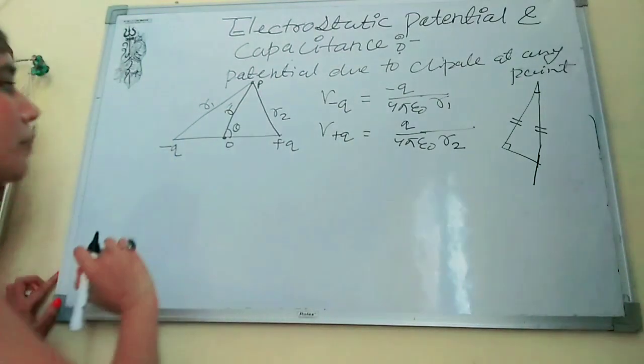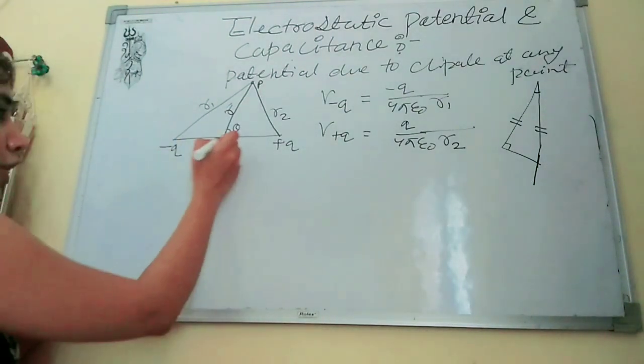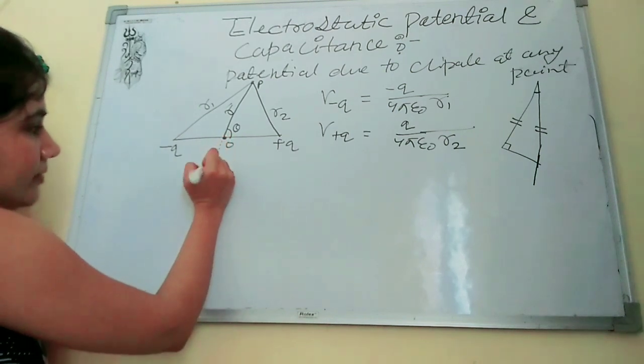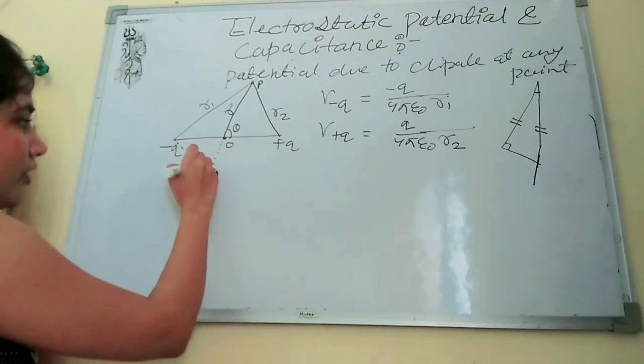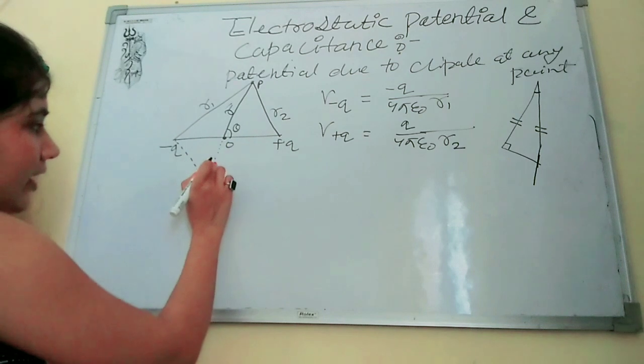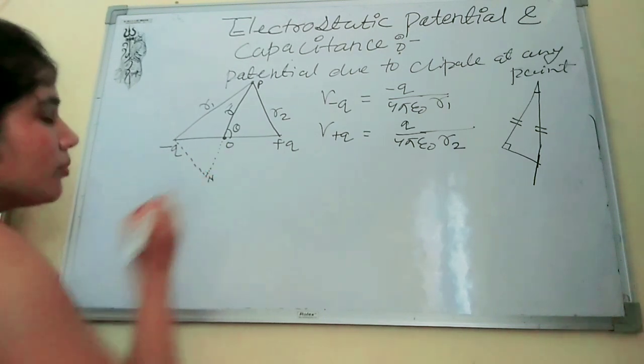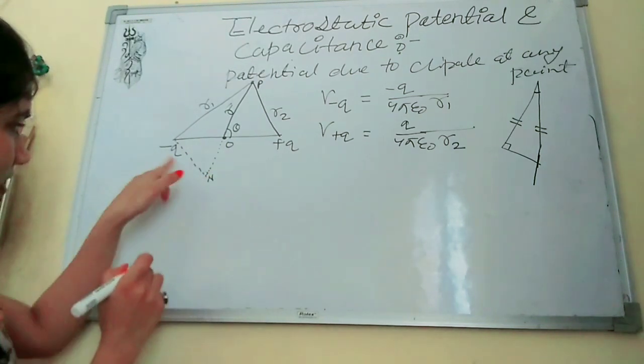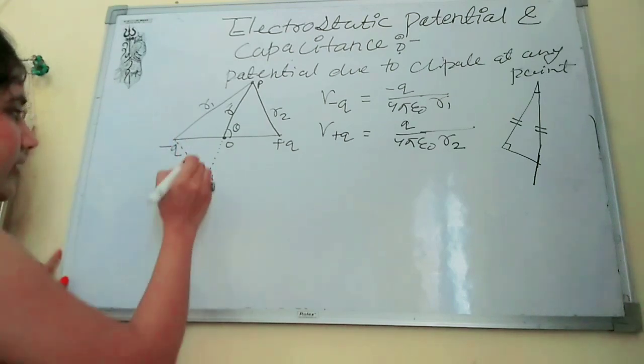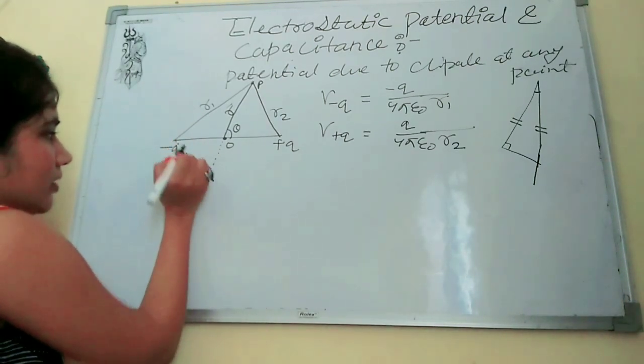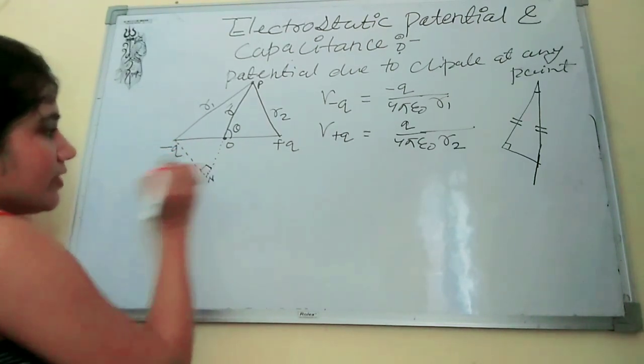So simply we extend this line and take a perpendicular from here, and we mark its end point. Okay, this is the perpendicular from this point, so this will be 90 degrees.